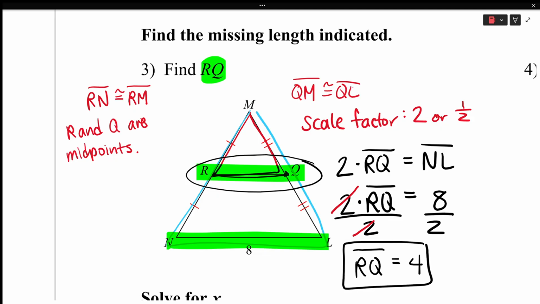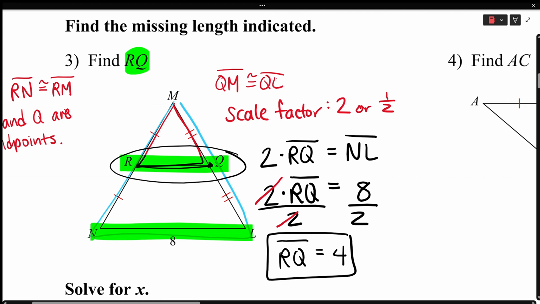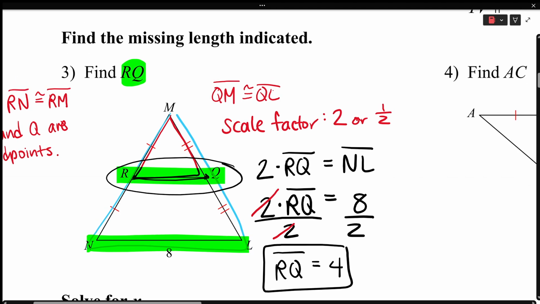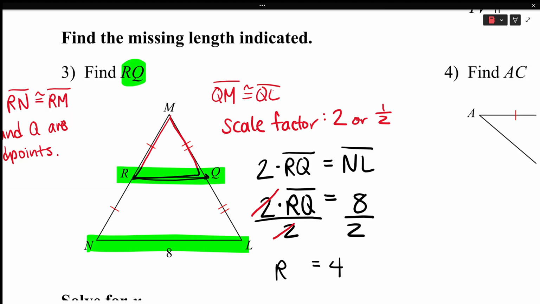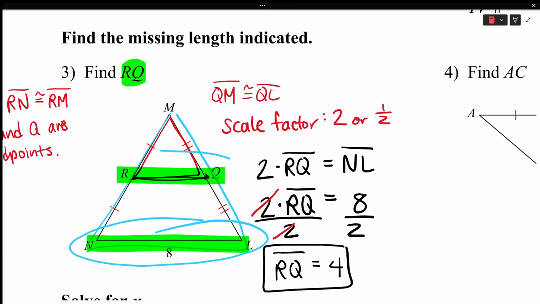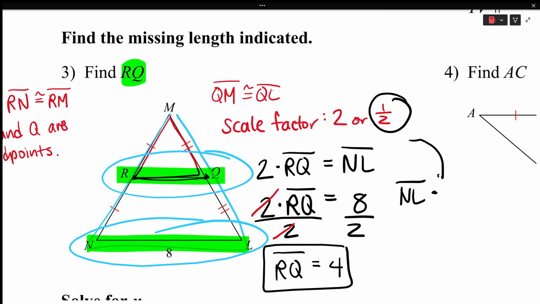Another way to look at this is, if I'm going from the bigger triangle to the smaller triangle, RQ, the side of the smaller triangle, that means we're going to multiply NL times our scale factor, 1/2, and you're going to get the length of RQ, because you're going from big to small.